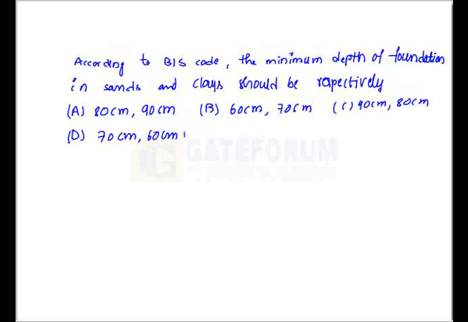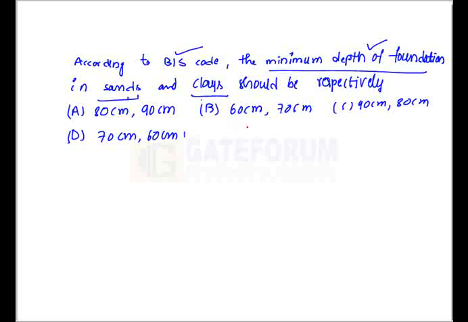To choose the minimum depth of foundation for sands and clays as per BIS code, we have to choose it in such a way that the sands are going to have the less settlement and the clays are going to have more settlement. So the minimum depth of foundation required for sand is going to be low and for clay is going to be high.